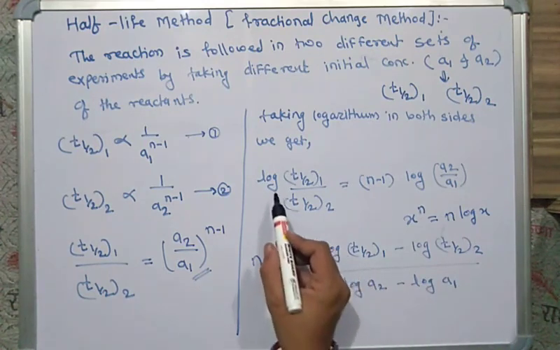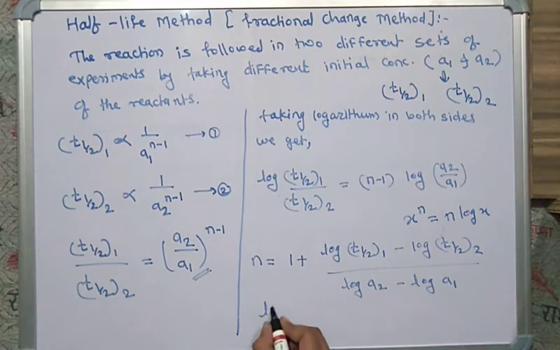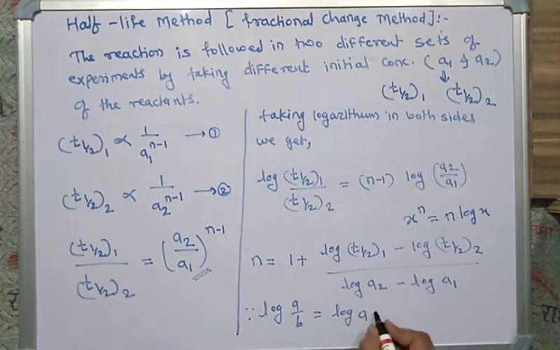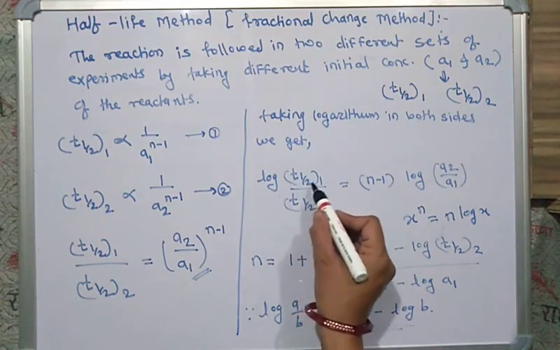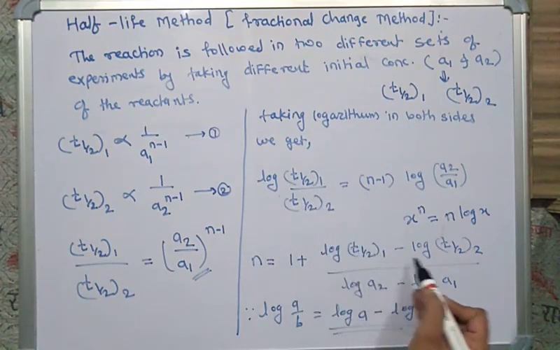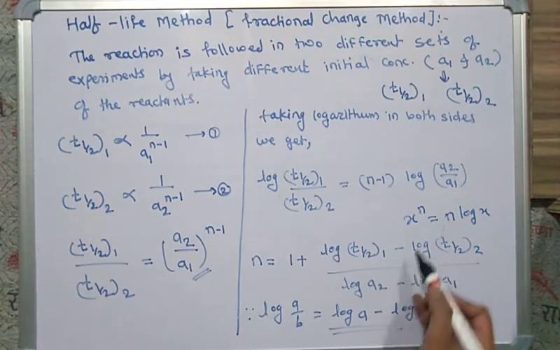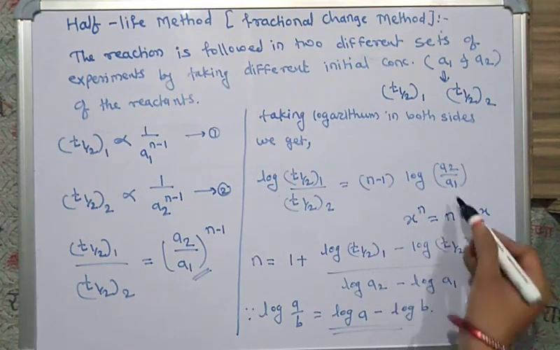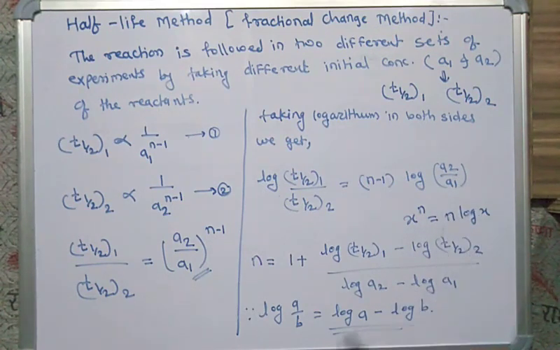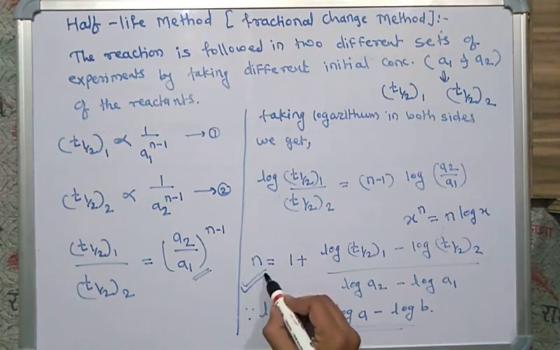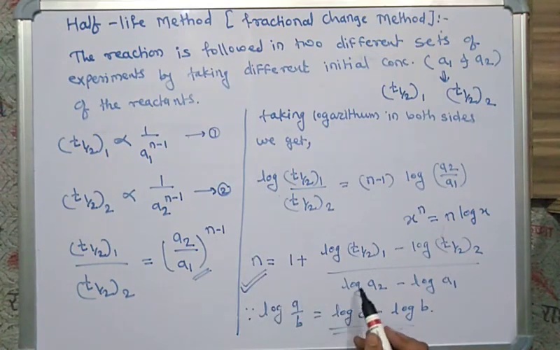This is written so because we know that log of A divided by B is written as log of A minus log of B. By using this expression we can find the exact order of a chemical reaction. Thank you.